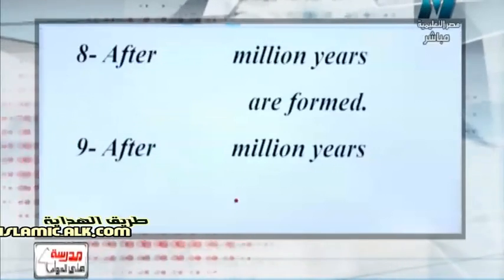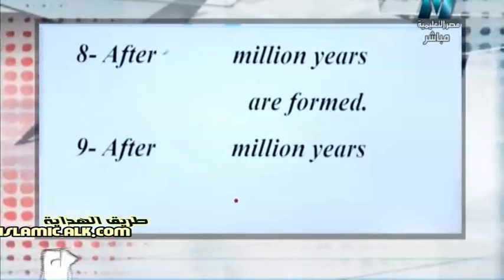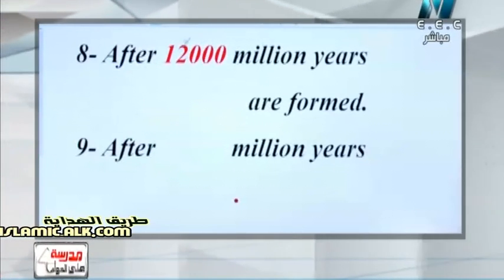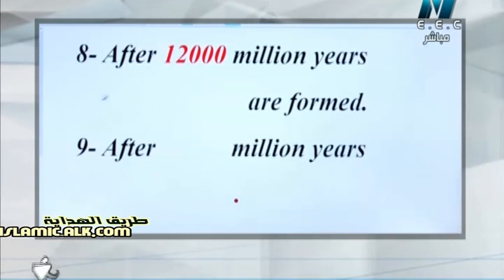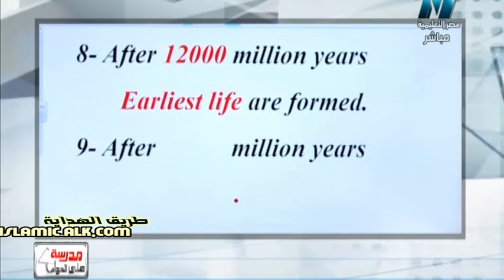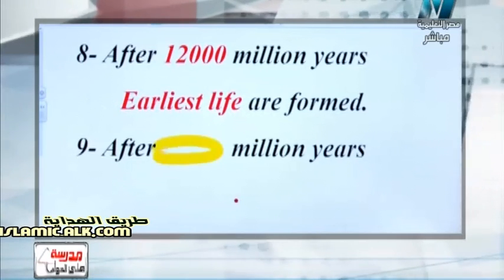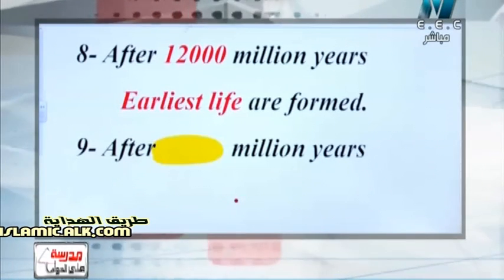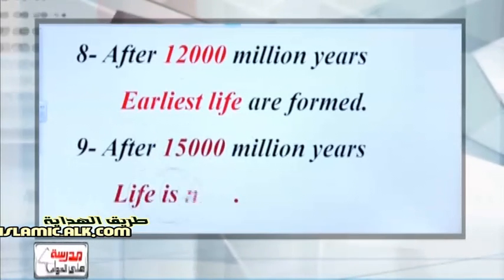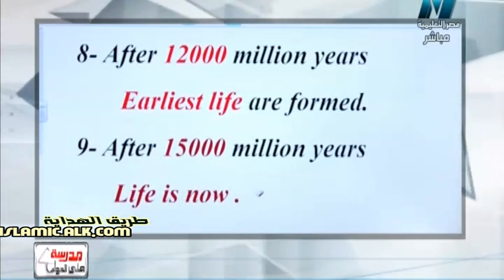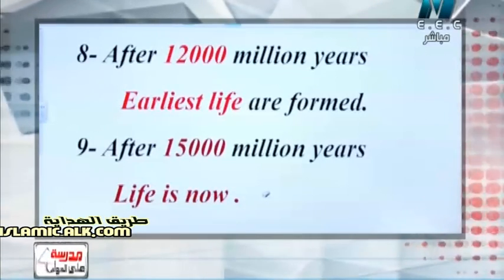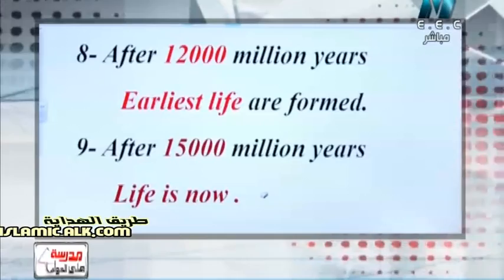After the last 2 points, after 12,000 million years, the earliest life components are formed. Number 9, the last one, is formed after 15,000 million years: life as it is now. So we start from zero time and end at 15,000 million years. We must remember these numbers very well.